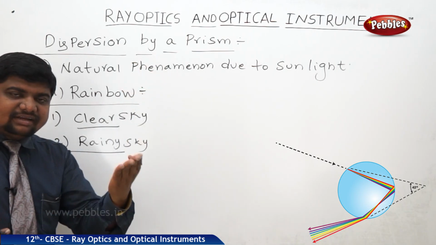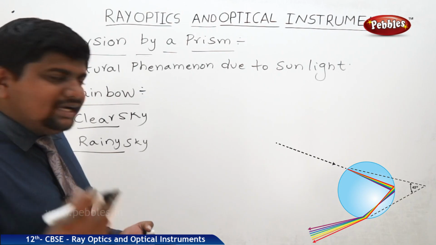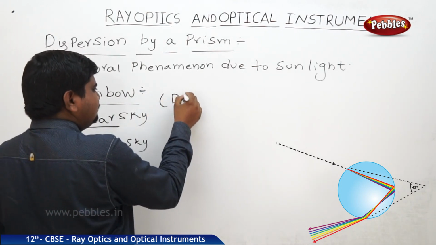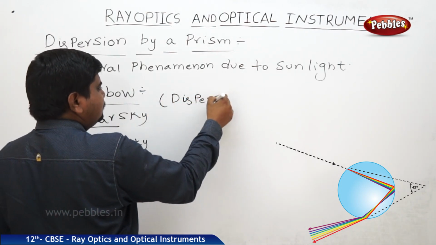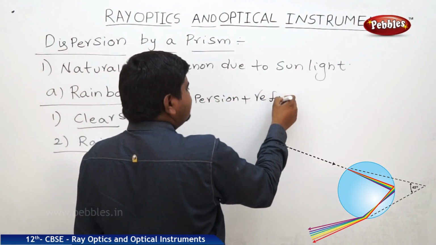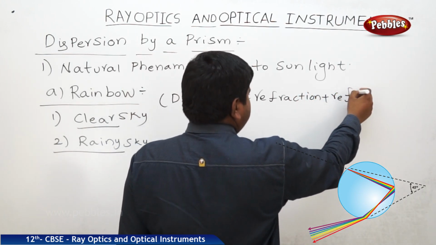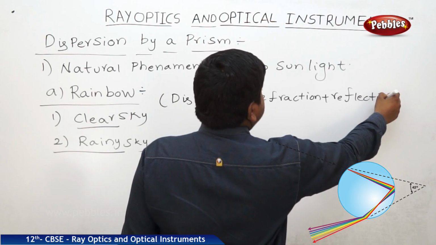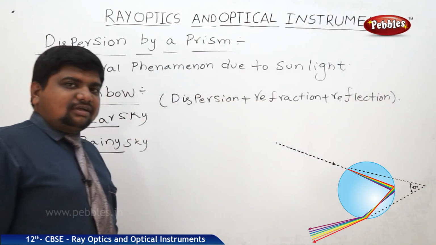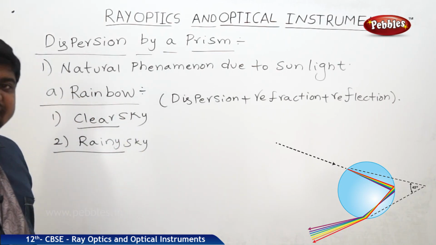When the sunlight travels through the water droplets, there is a combined effect of dispersion plus refraction plus reflection, nothing but total internal reflection. With the combined effect of these 3 phenomena of light, you can see the Vibgyor.